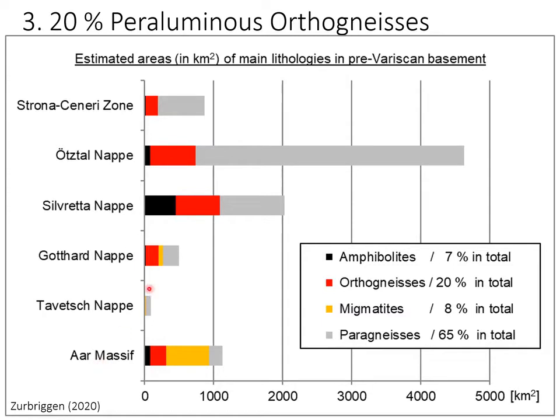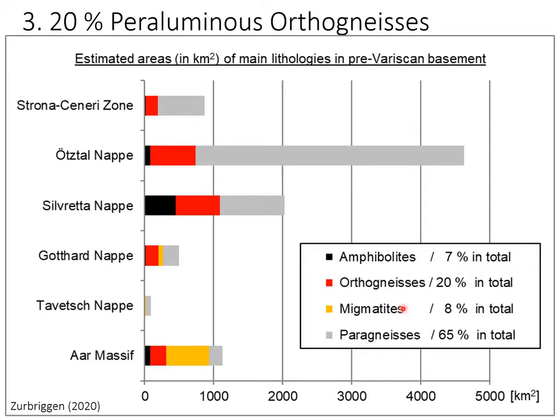And you see the occurrence of these four lithological formations in square kilometers in these different basement units. And we see that in all of these basement units, the orogneisses make about 20 area percentage of all rocks.